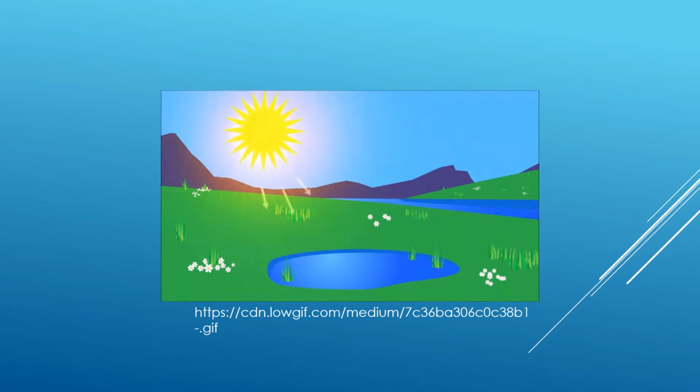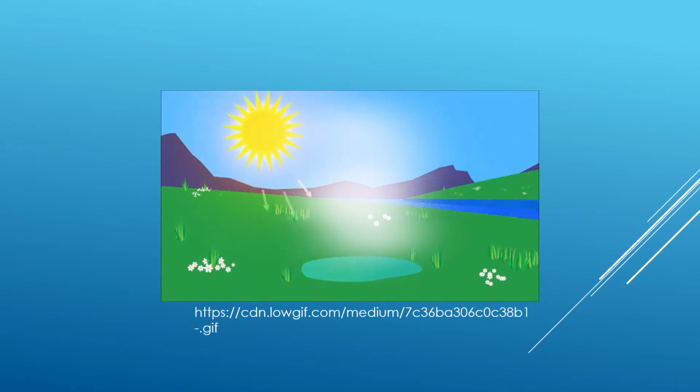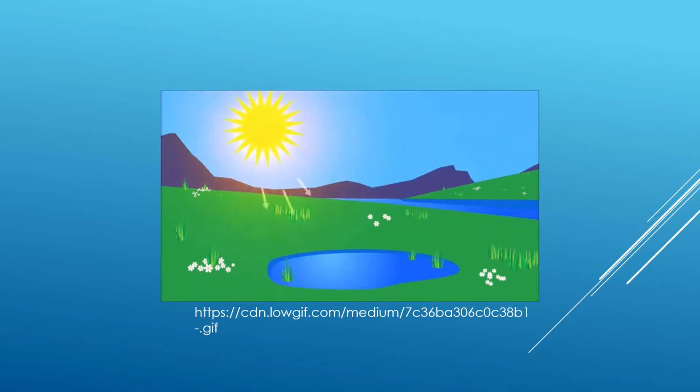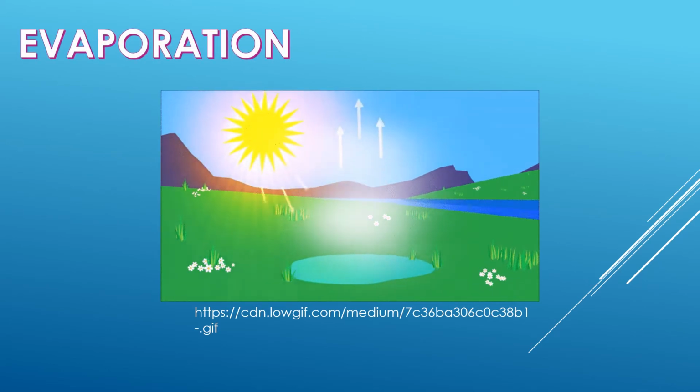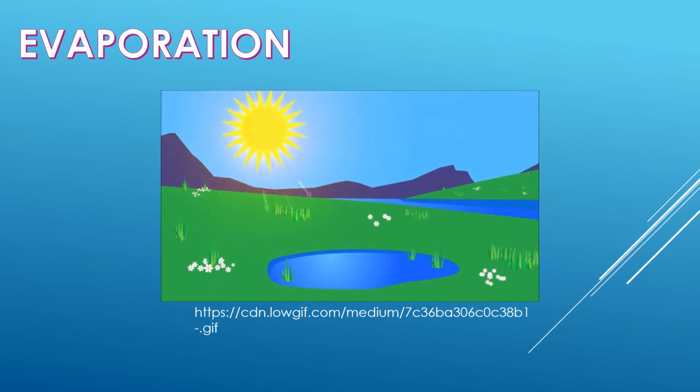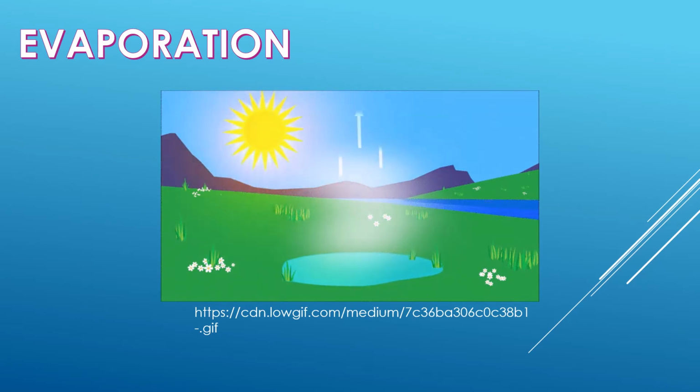Next is this picture. What can you say about this picture? This GIF image undergoes evaporation. Evaporation is the process where liquid particles turn into gas, and evaporation can be a way of separating a mixture.